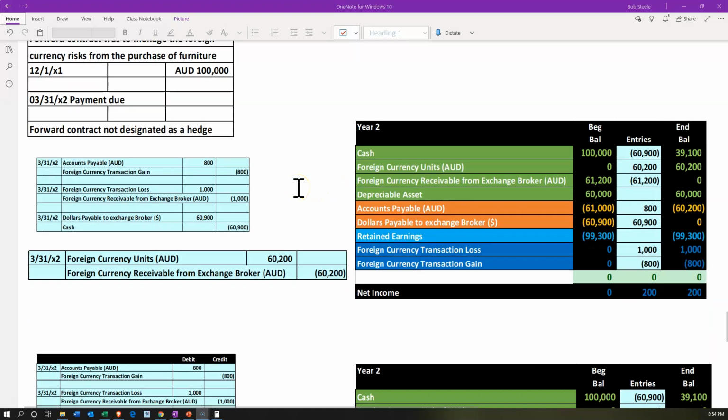So now we're going to be receiving the currency. We're going to be getting the foreign currency units. We're going to put that up top, the foreign currency units. It's kind of like cash. We're getting kind of cash, but we're getting Australian dollars, which we're going to measure just like we measure anything else.